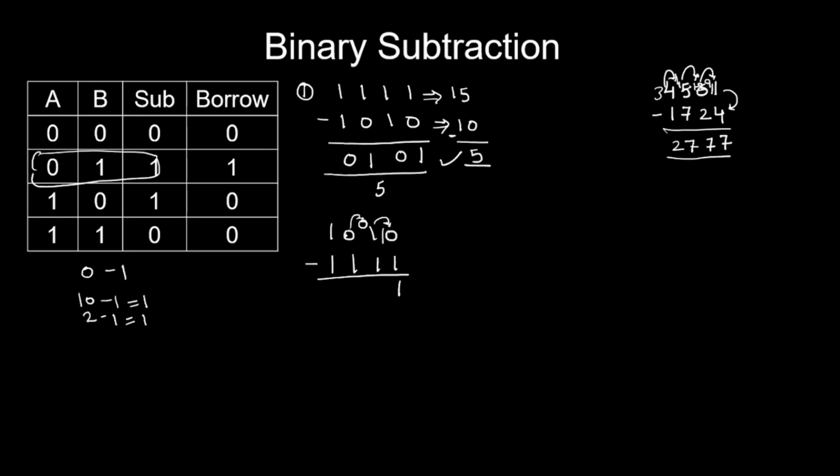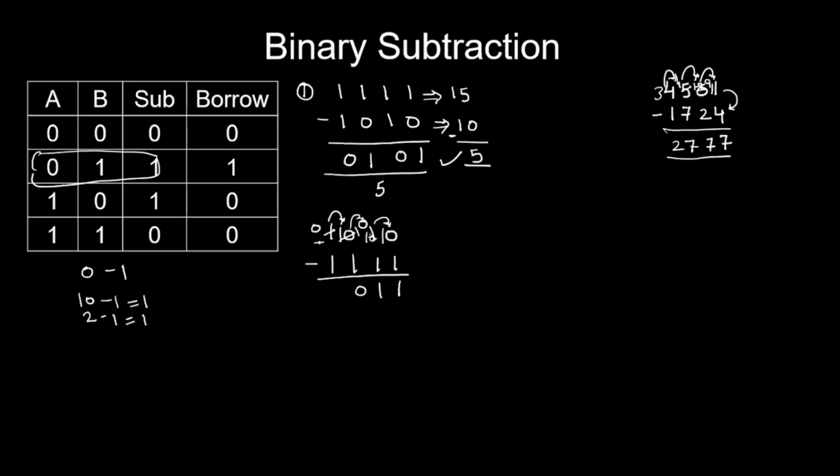But there is no 1 in the previous column, so you will borrow 1 from its previous column. Then this will become 0, this will become 10, and when you borrow 1 from this column, this will become 10 and this will become 1. Then when you subtract 1 from 10, you get 1, and this will become 0 again because you have already borrowed the number.